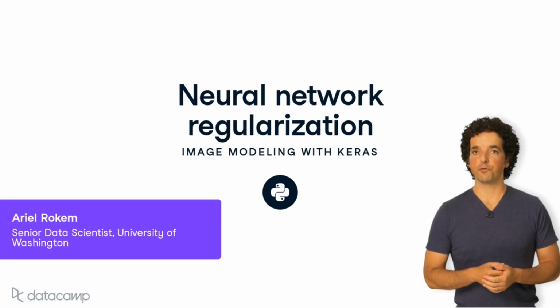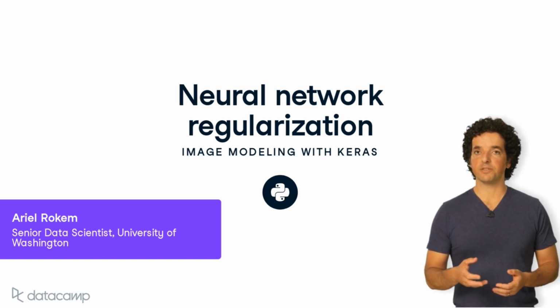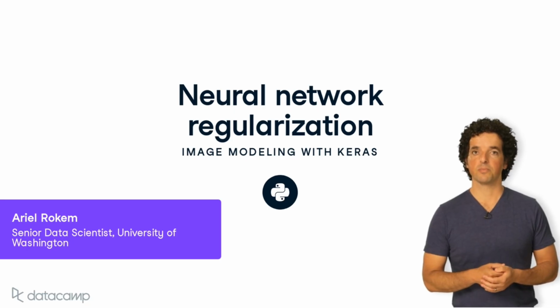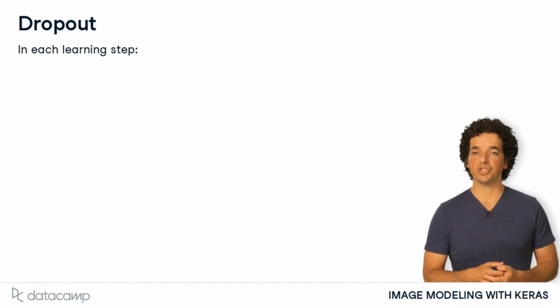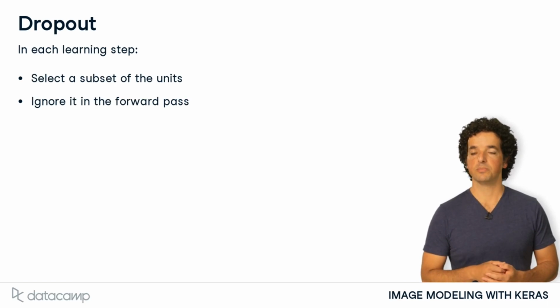How do we prevent overfitting and make the best out of our training data? One of the strategies that has proven effective is regularization. Here, we'll discuss two strategies for regularization of convolutional neural networks. The first strategy is called dropout. In each step of learning, we choose a random subset of the units in a layer and we ignore it.